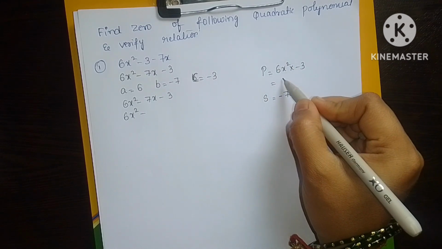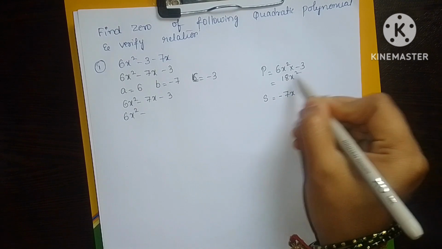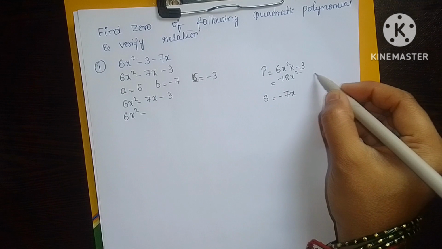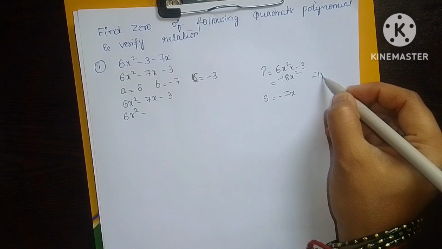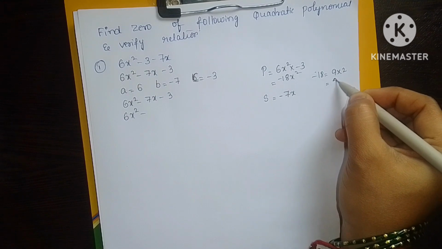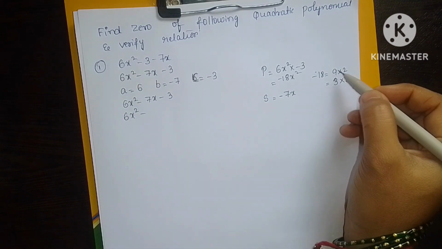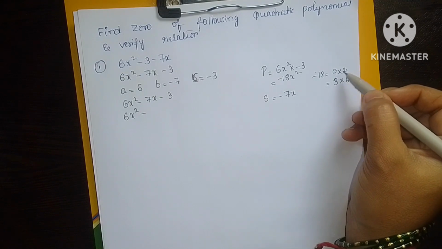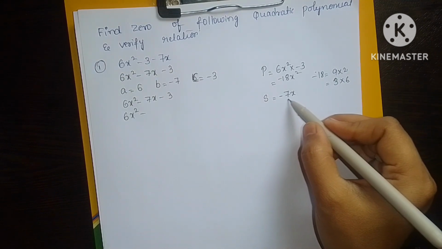The product gives minus 18x square. So first we have to write the multiples of minus 18: 9 twos are 18, 3 sixes are 18. If we do addition or subtraction of 9 and 2, we have to get 7.